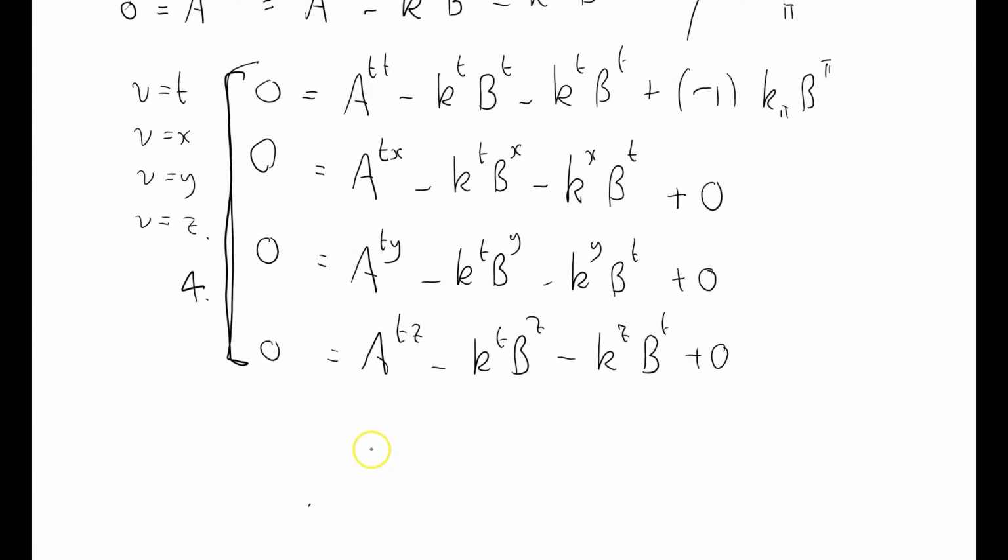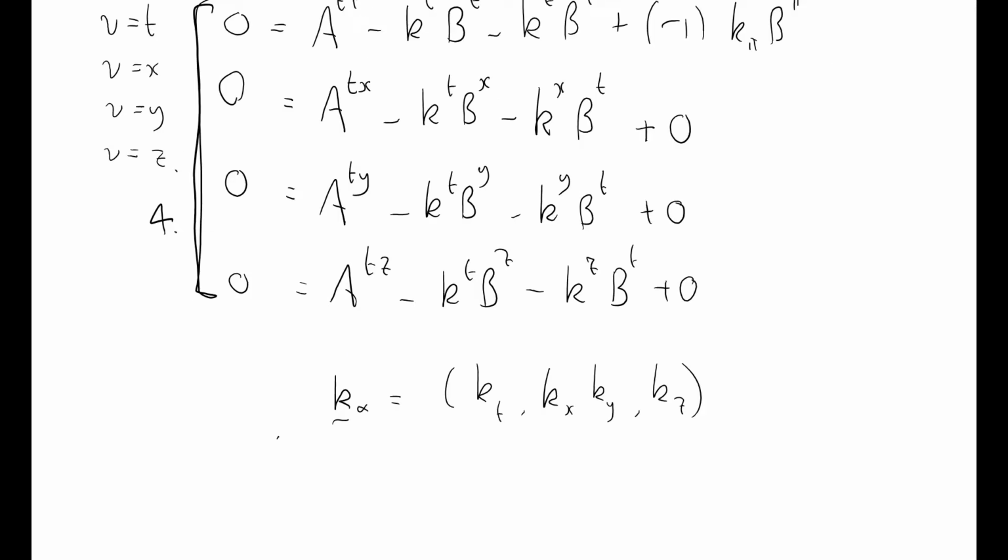What I want to do is go back to considering my K four-vector, which is going to be equal to KT, KX, KY, and KZ. We're writing it with the downstairs index, so I'm going to have to raise that index in a minute. But we know that K alpha K alpha equals 0.